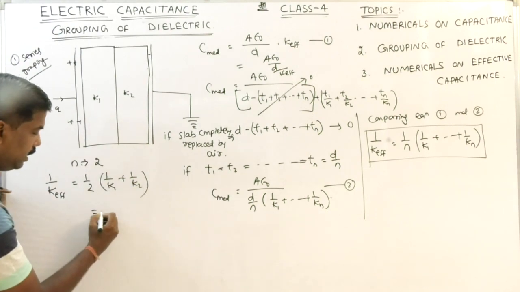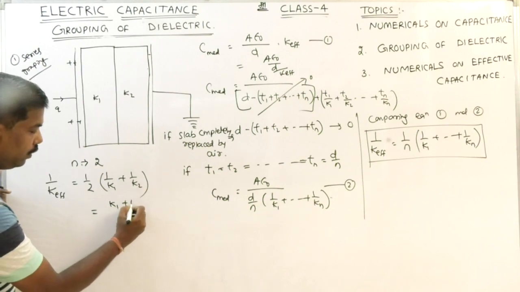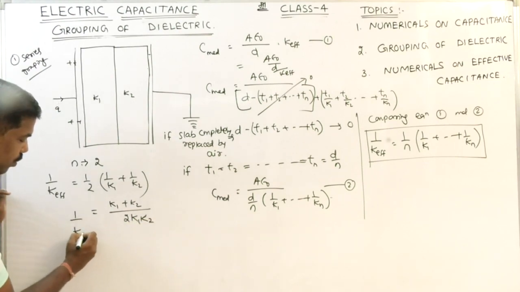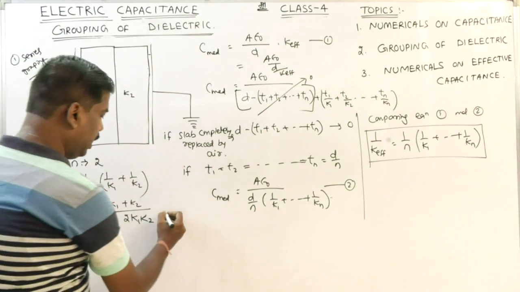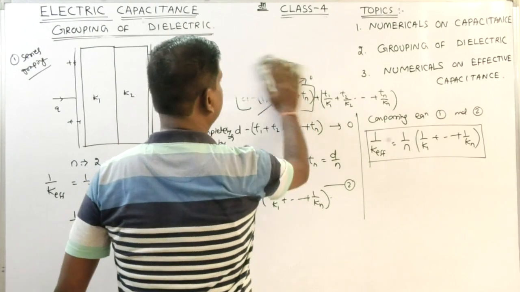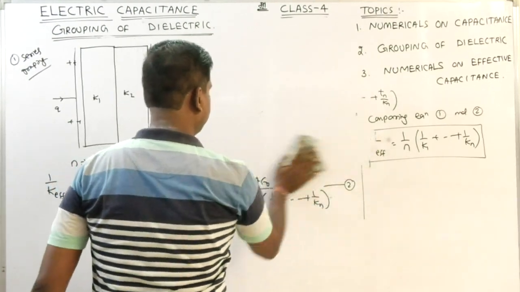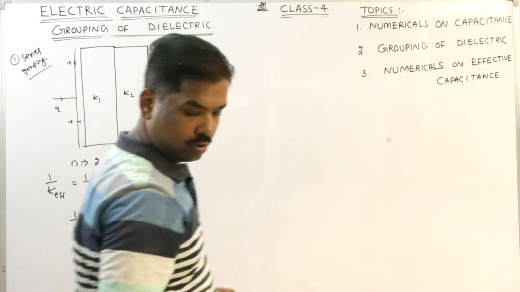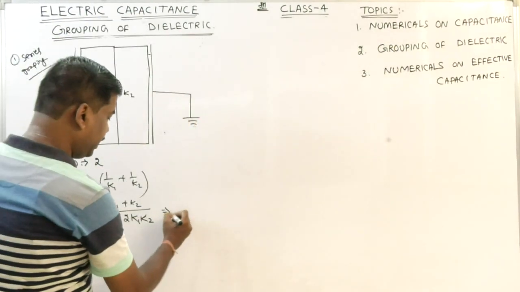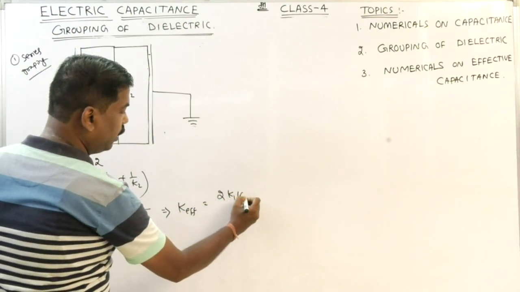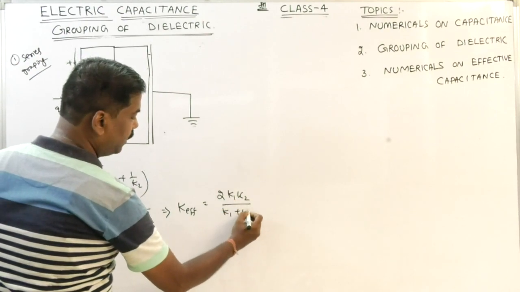So it can be written as (K1 plus K2) by 2 K1 K2 is equal to 1 by K effective, or I can write K effective is equal to 2 K1 K2 by (K1 plus K2).